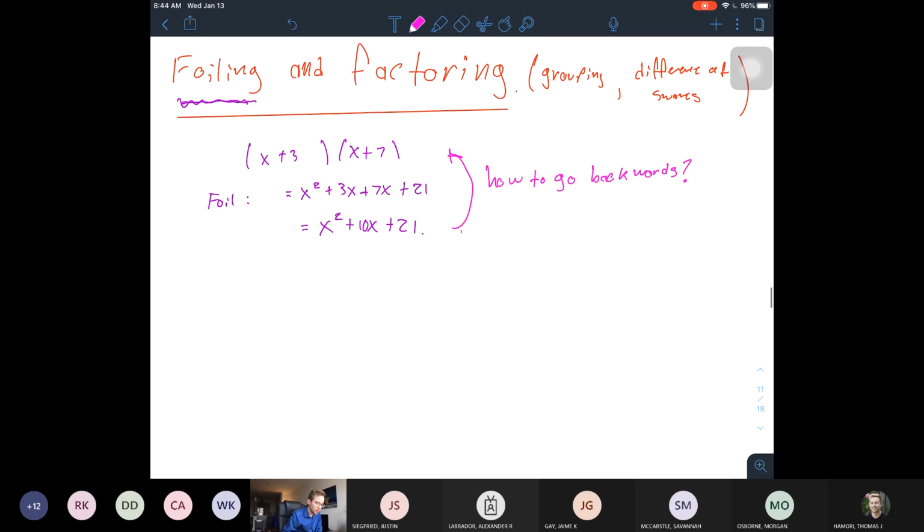Now there's a couple different ways of doing factoring, where we take one of these quadratic polynomials and we try to factor it.